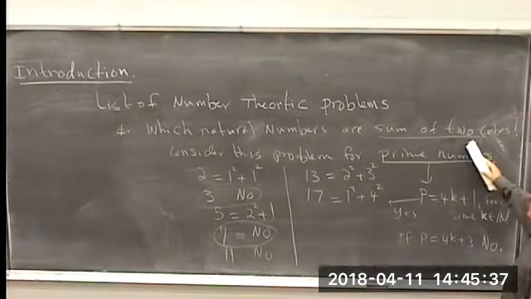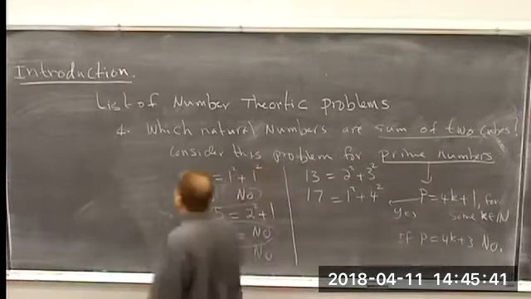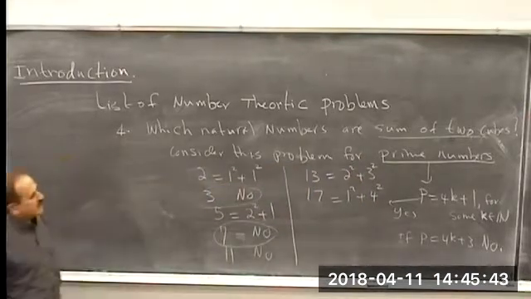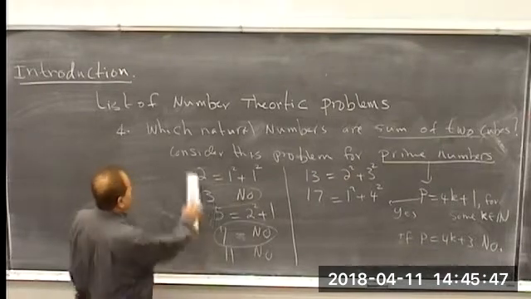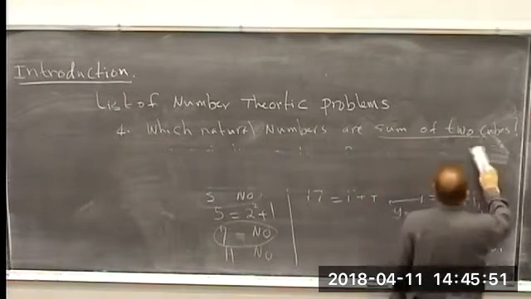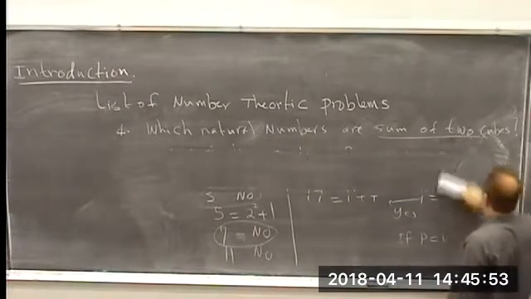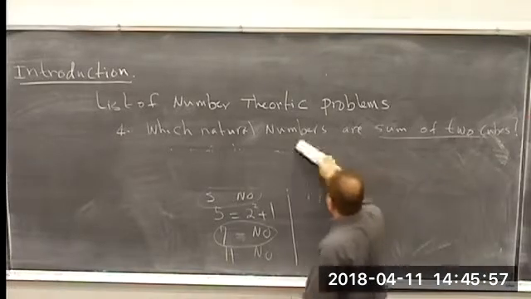This is a little harder. Again, this material is presented toward the end of the textbook, and I don't know if we will have time to get there or not. In other words, there are some numbers that can be written as a sum of 2 squares, and some numbers that cannot.